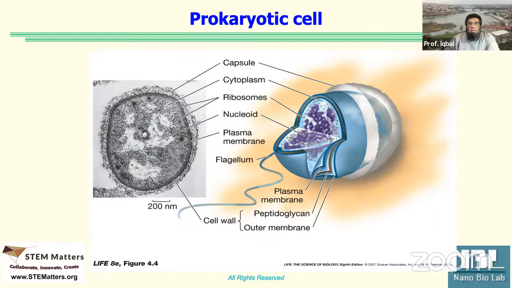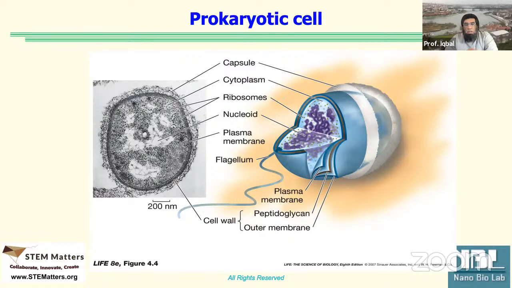What it's showing is a simple representation. In place of a well-defined nucleus, there is a nucleoid, and that nucleoid contains the genetic material for the cell. There are a few more things: cytoplasm, ribosomes, flagellum.